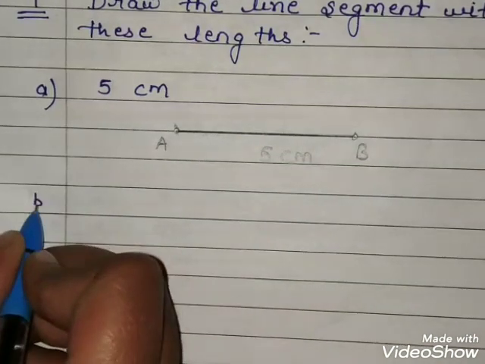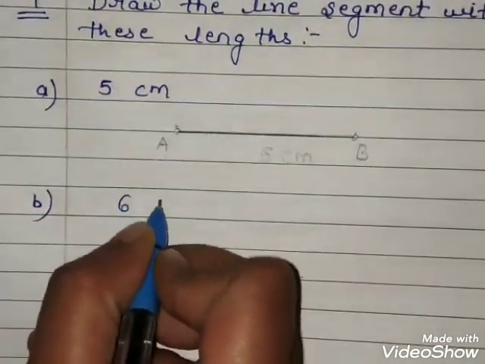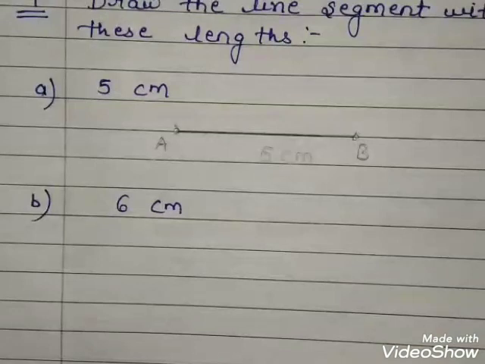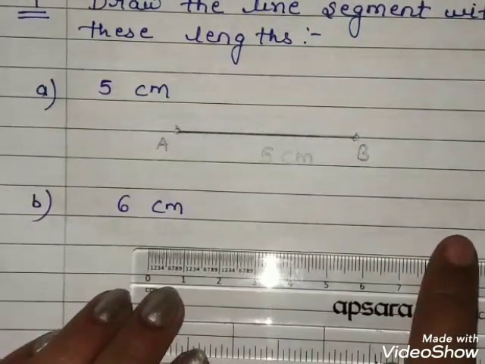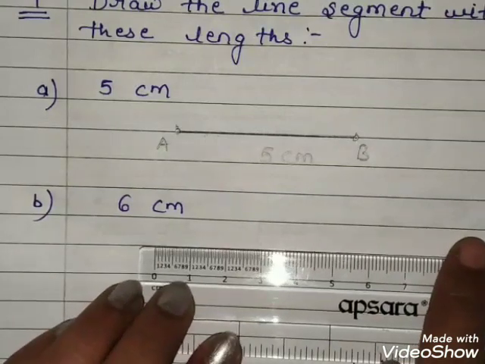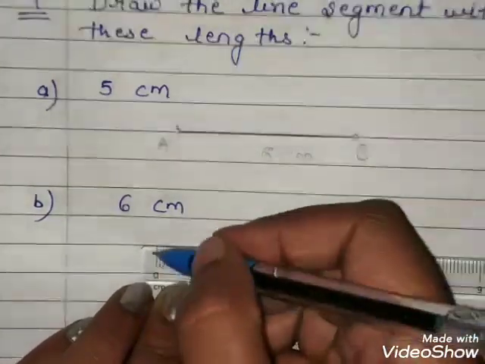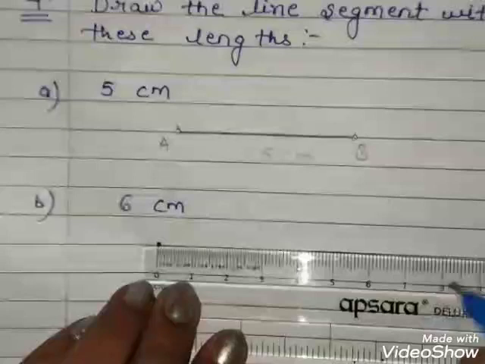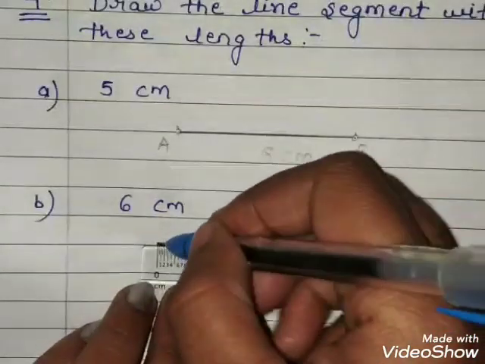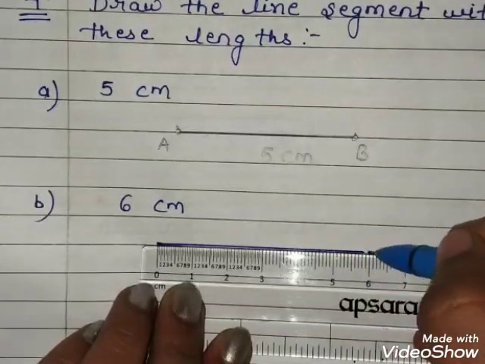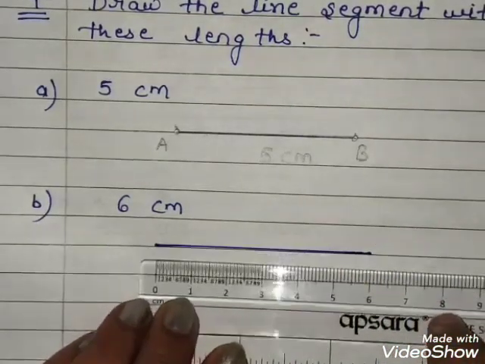Here, question B is draw the line segment of 6 centimeters. So again, it is very simple to draw the line. What we need to do? We just need to start from 0 and move up to 6 and then join both the points, right?